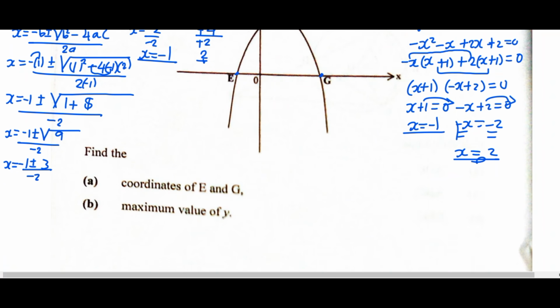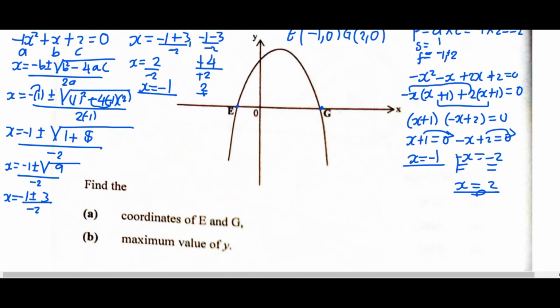Now for question B, we are solving for the maximum value of y. The maximum value is the y value at the turning point. So here we are going to find the y coordinate of the turning point, which is y is equal to 4ac minus b squared over 4a.